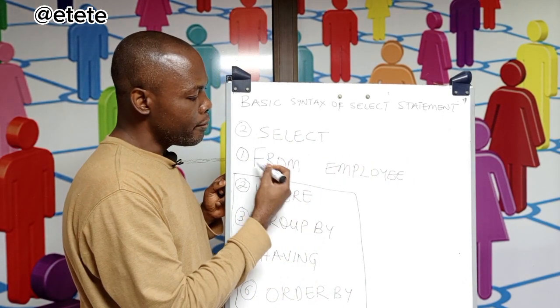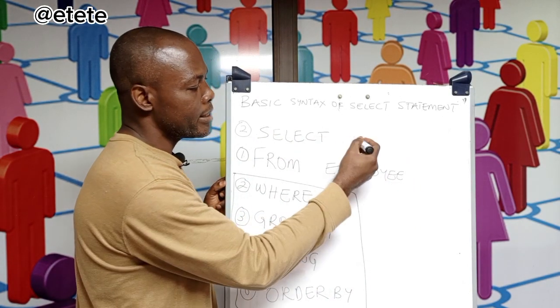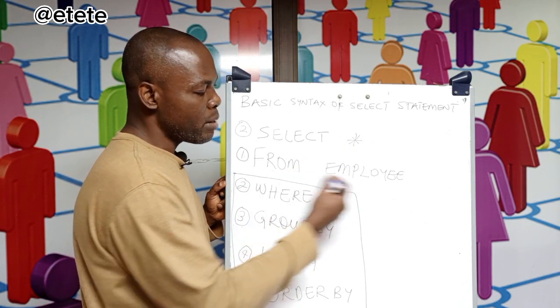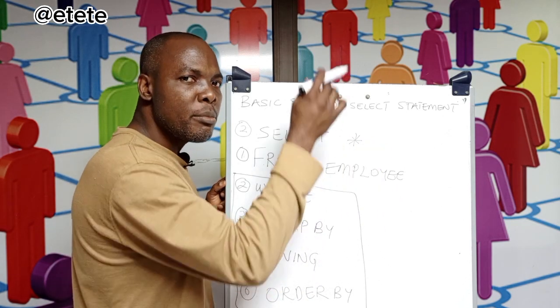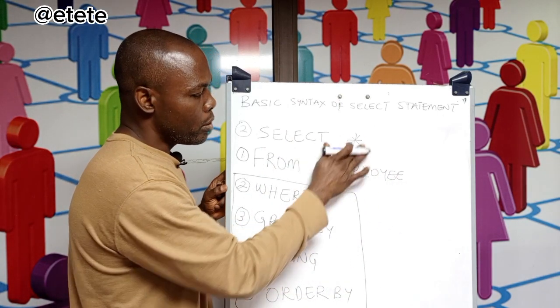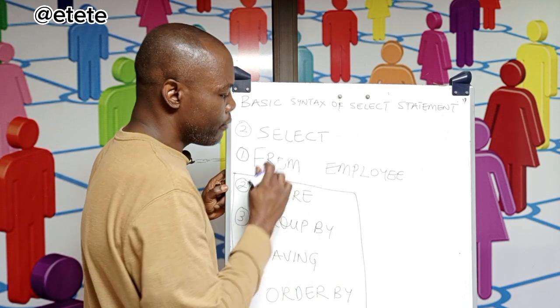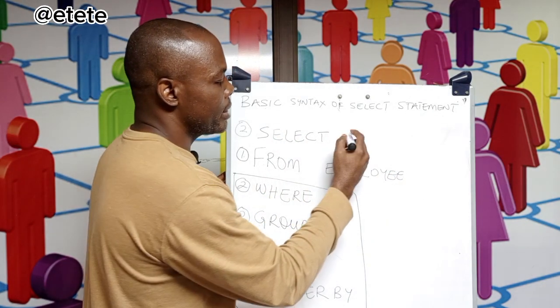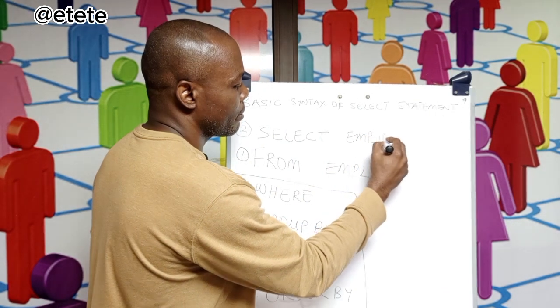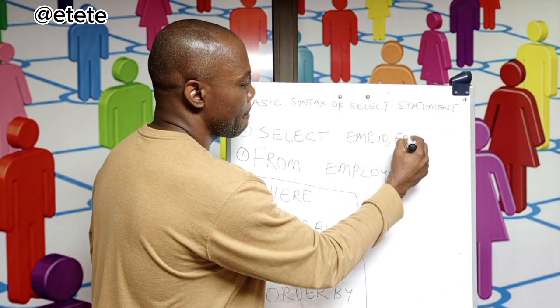So where you say from employee, select star, you are saying bring out everything from this employee table. But if you want, you can say from employee, select employee ID, employee name.